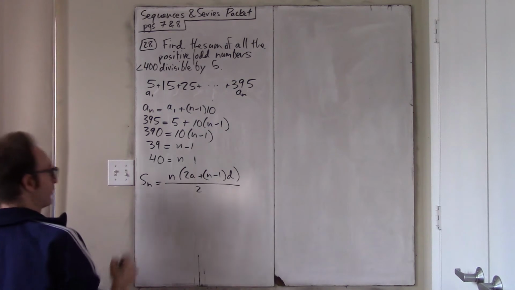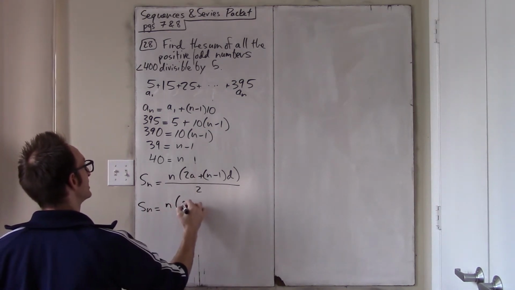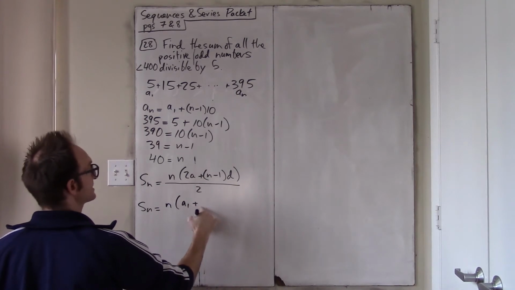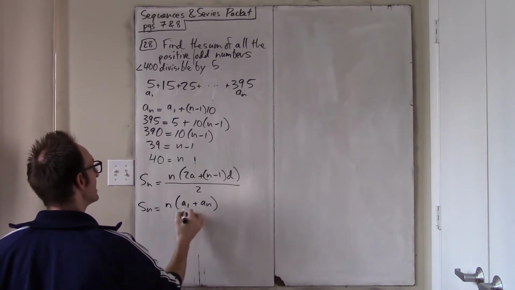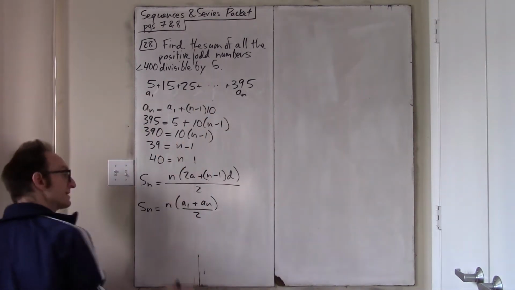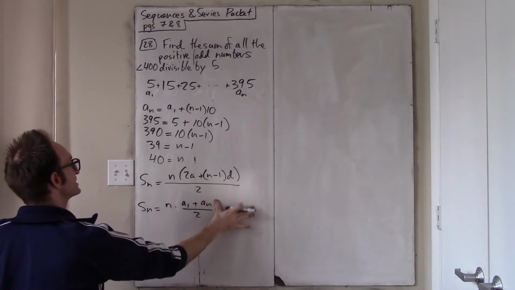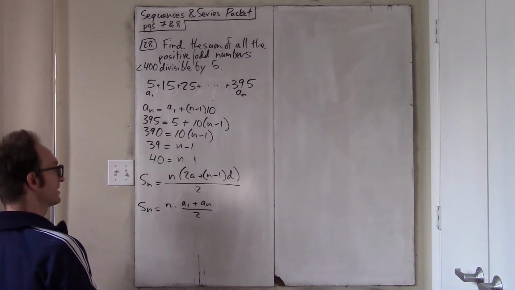That's the real formula. But then this is also just the first term plus the last term over 2. Because it's arithmetic and everything balances, you're really taking the average of the first and last term, multiplied by the number of terms.